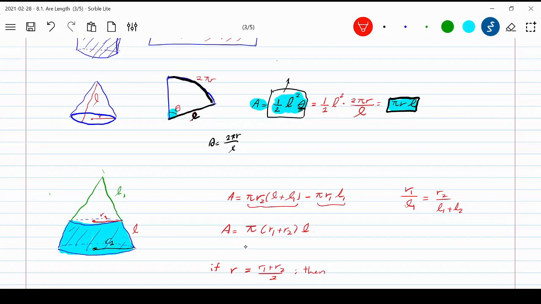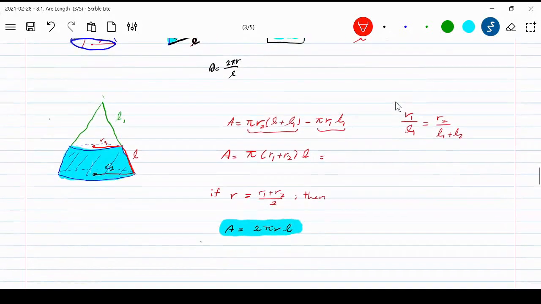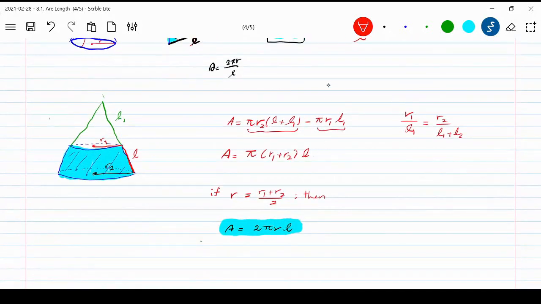After simplification, you notice that the area would be pi times the top radius plus the lower radius, multiplied by this length L. You can rewrite it: if you define a new radius R as the average of those two radii, R1 plus R2 divided by 2, then this is nothing but 2R.